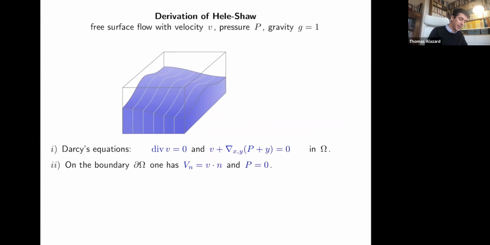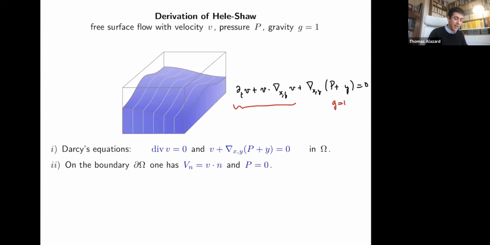You can compare this with the classical Euler equation when the gravity is normalized to g equal 1.